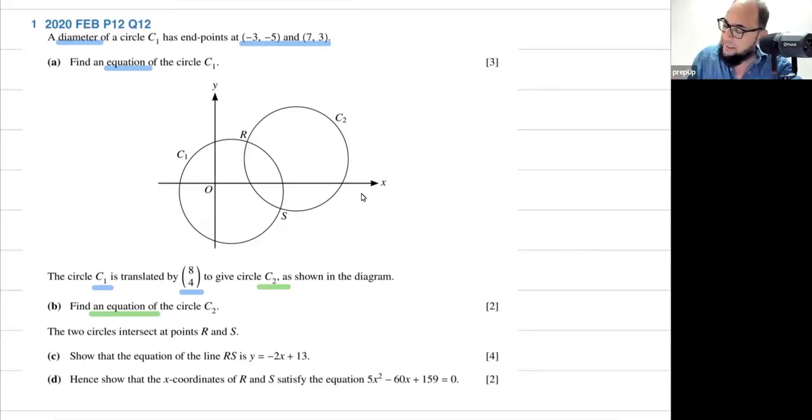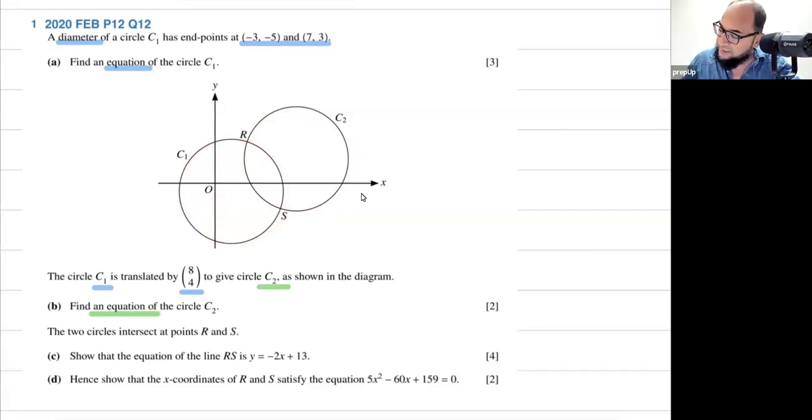It says a diameter of a circle C1 has endpoints such and such. This is circle C1. There is another circle C2, but first of all, we are talking about C1. The diameter has endpoints (-3, -5) and (7, 3). This is just a rough diagram.